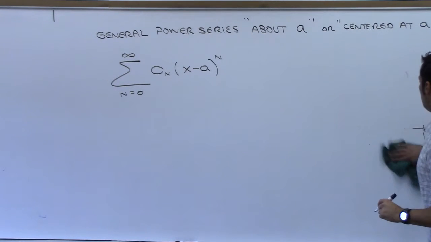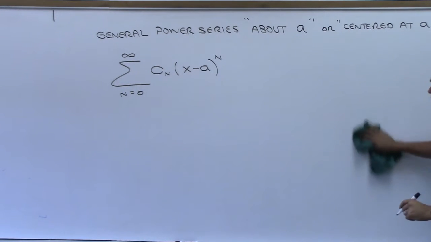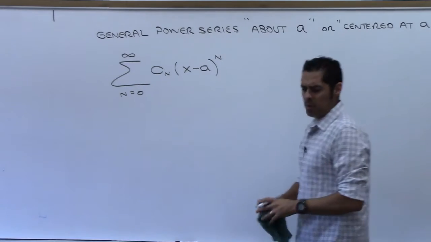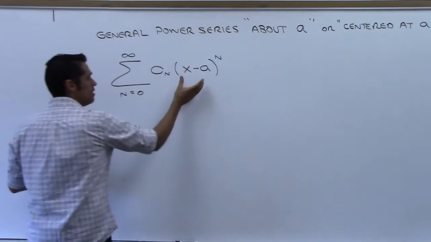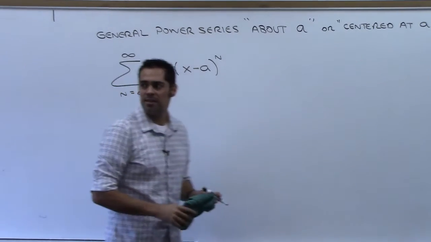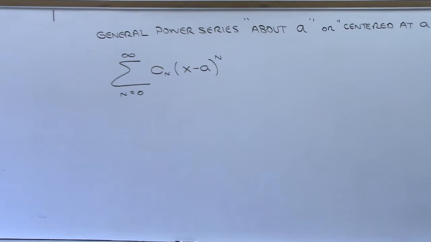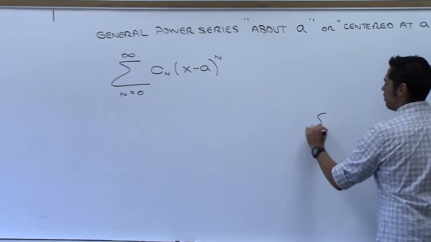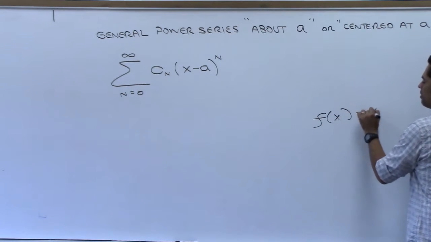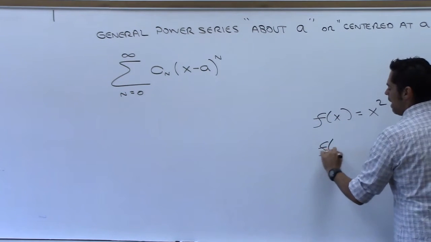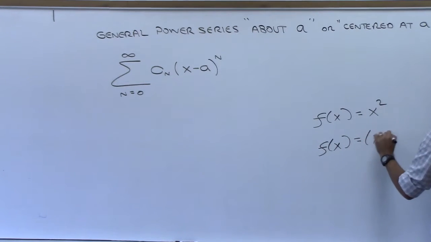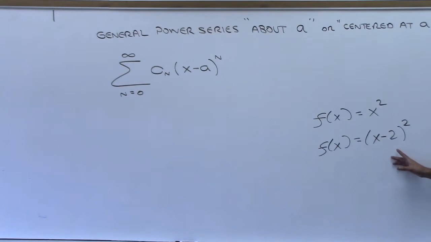So what's the difference between that and the previous? Yeah, I didn't put f of x, right? But instead of x to the n, it's x minus a to the n. Do you remember, back in college algebra, we knew what x squared looked like, right? But if I had another function and I said x minus 2 squared, what did that do to the graph?